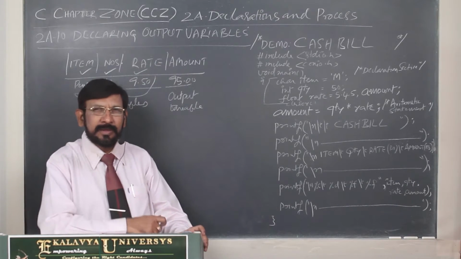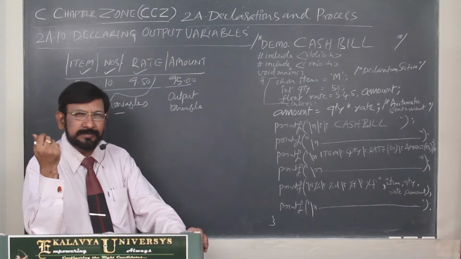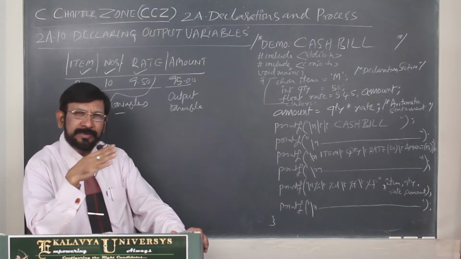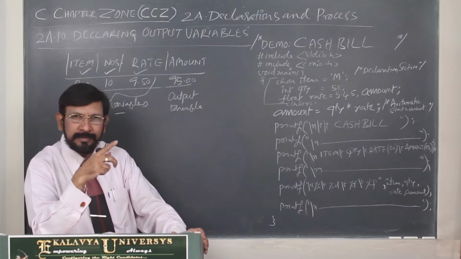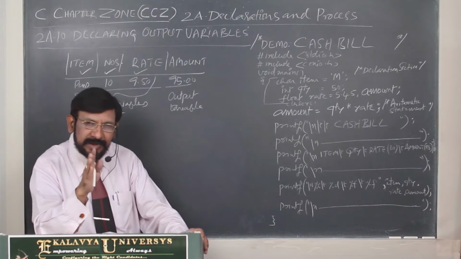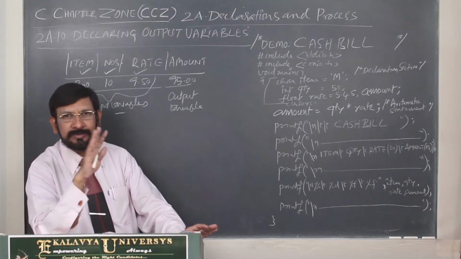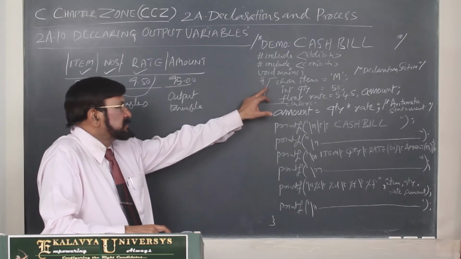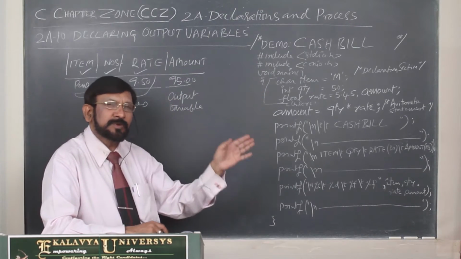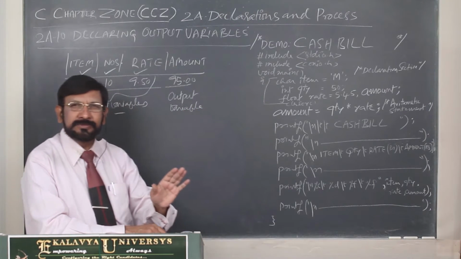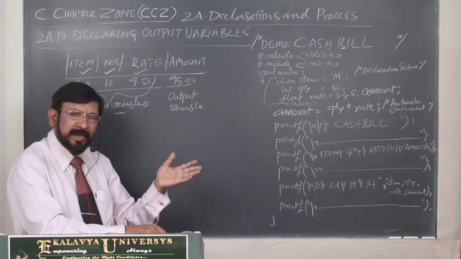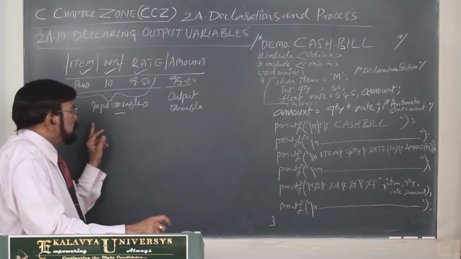But in advanced languages like C++, Java, this condition is not there. Variables can be declared anywhere throughout the program, but before they are used, they should be declared. But in C, it is a very stringent condition. In the declaration section itself, you must declare all the variables regardless of their number, their nature and even their type.